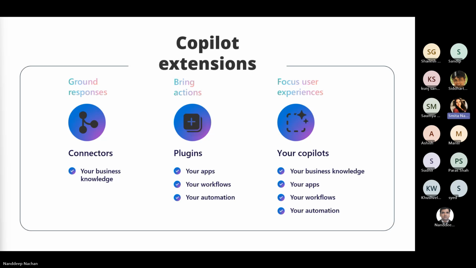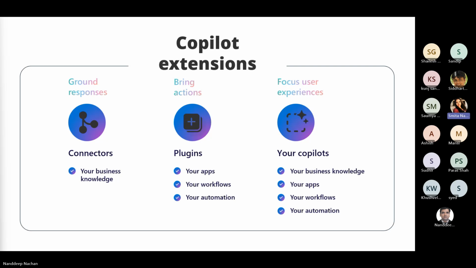Some of the key areas is your business knowledge. So the custom copilot can access and interpret the business specific data, making them more insightful as well as relevant. So your apps, workflows, as well as the automation, they can interact seamlessly with internal applications, established workflows, and automated tasks.